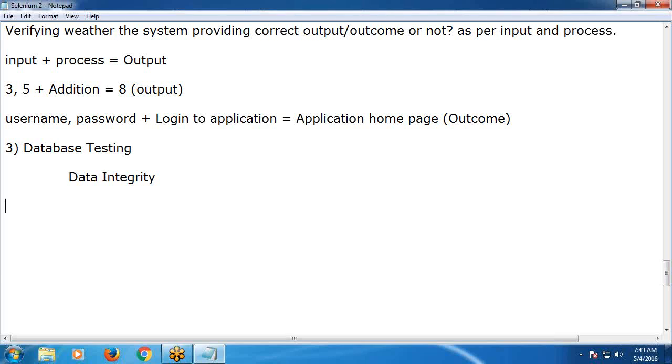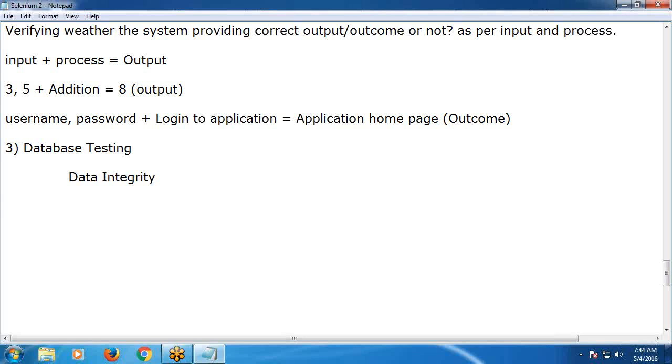Suppose I entered 3 fields using the front end. Suppose marks: maths, physics, chemistry. Every record having 3 fields. I entered 5 records, 5 into 3, 15 values. Suppose all subjects' marks entered correctly.